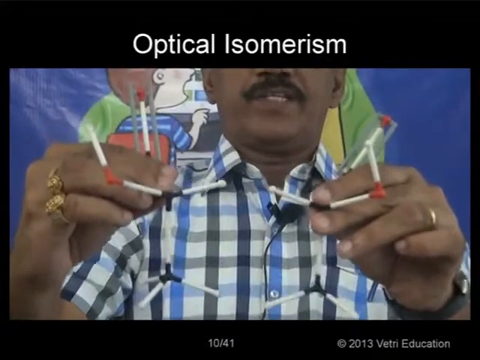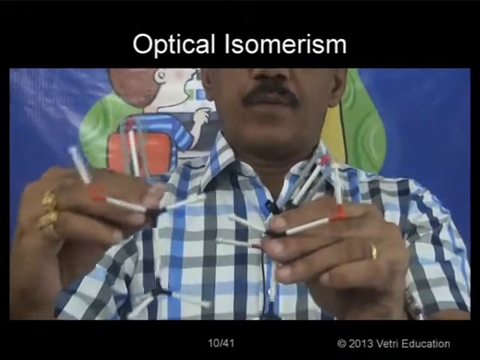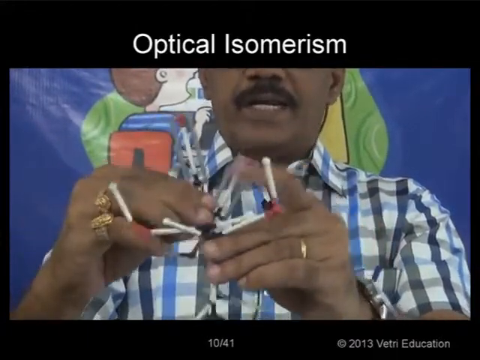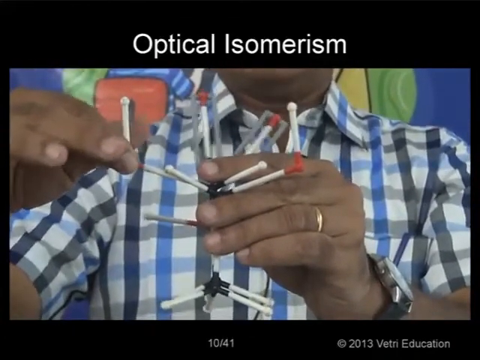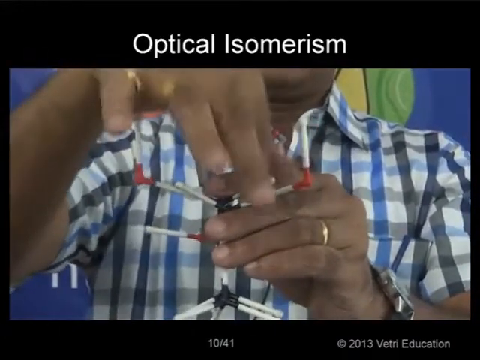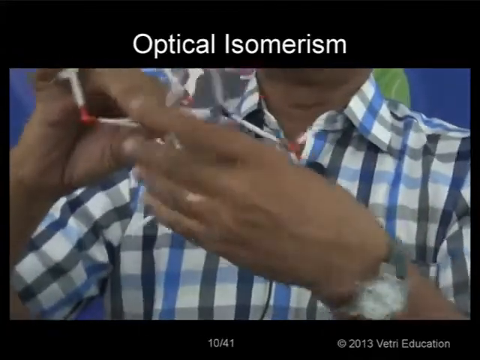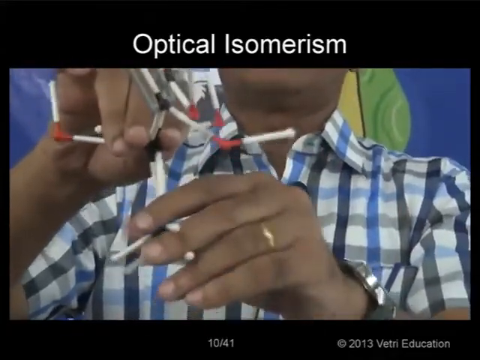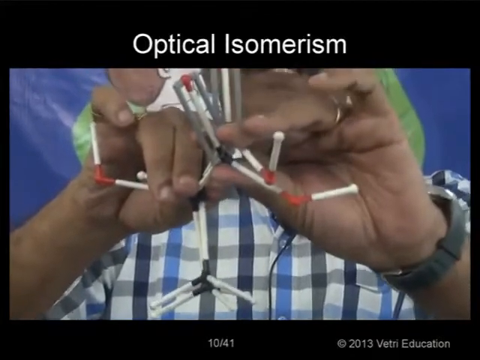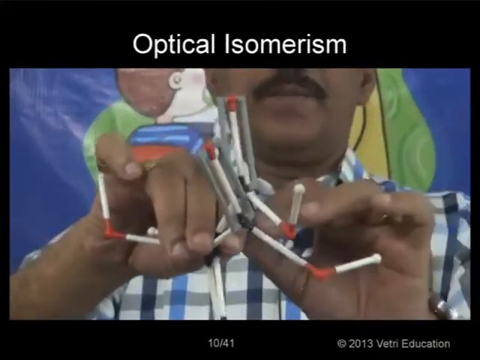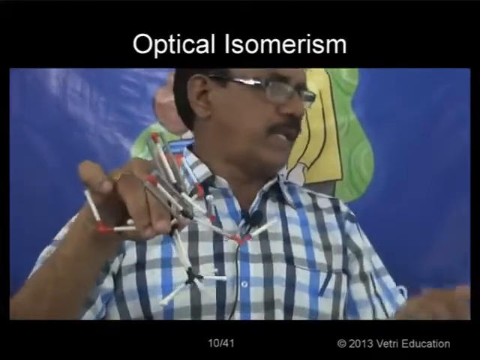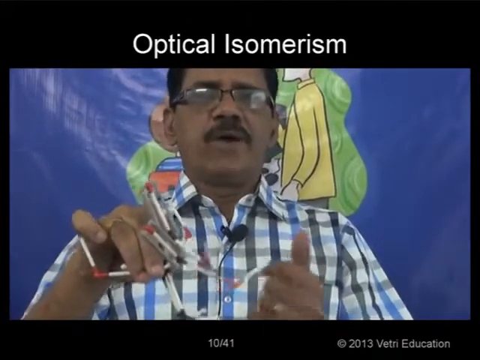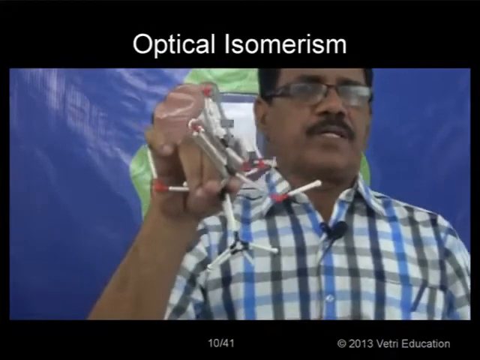Exactly mirror images. If you try to fix one over the other, on this side OH and H are not fixing, but the other two, CH3 and COOH, are fixing. That means when I try to fix L plus lactic acid over D minus lactic acid, they are non-superimposable.